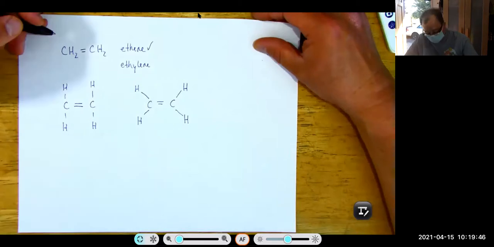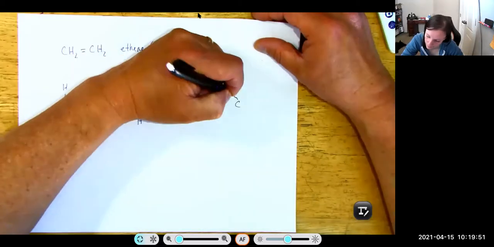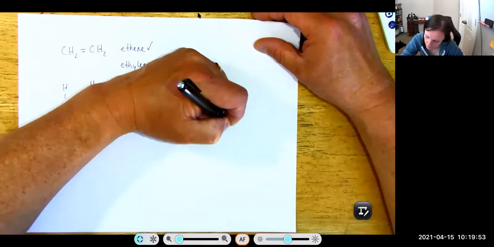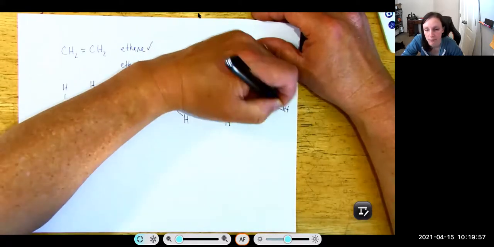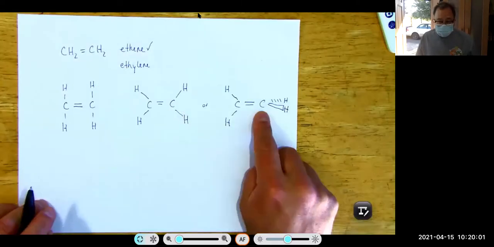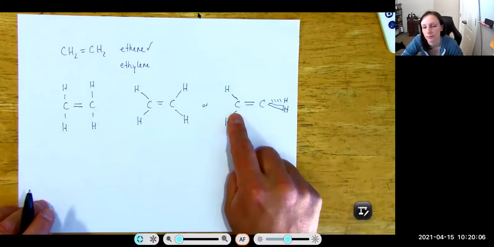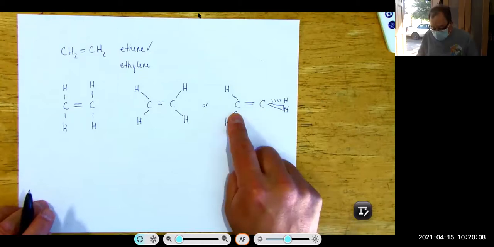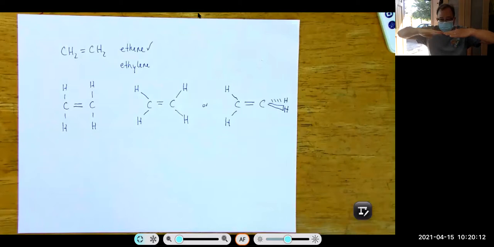Or you could get this, because isn't that trigonal planar too? So we could get either of these, or we could get any angle we wanted.